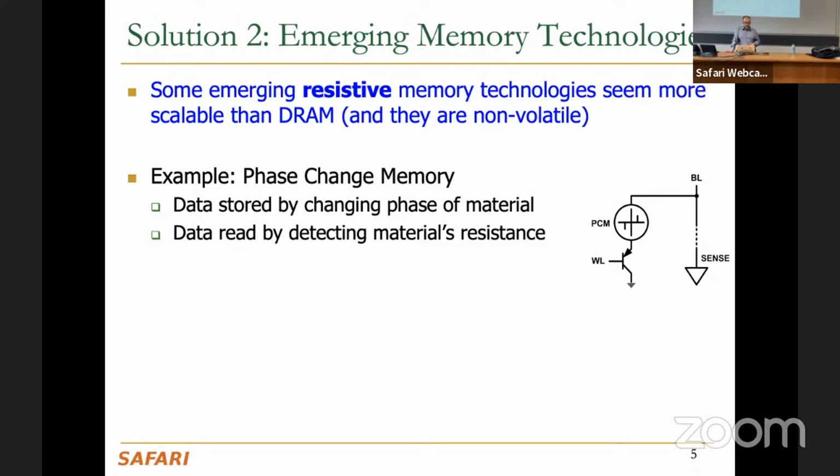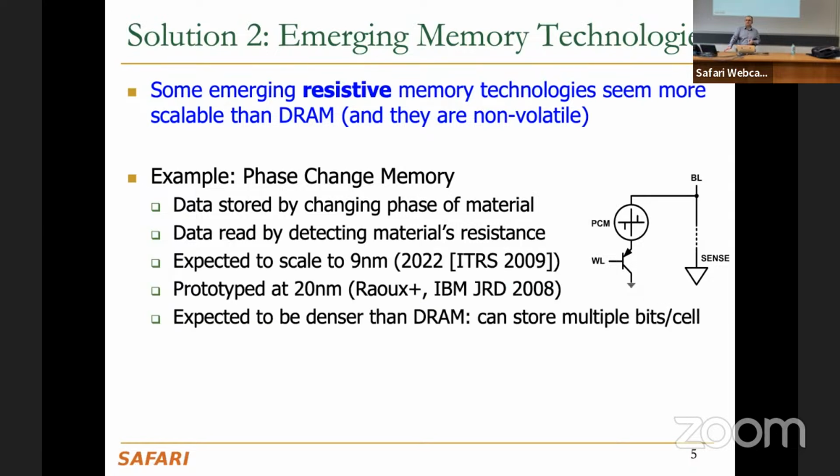This PCM was actually developed in the 1960s, if I'm not mistaken. And it has been used in rewritable CDs, because the material also has different light reflectivity.